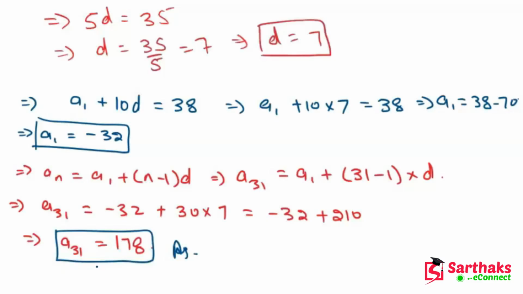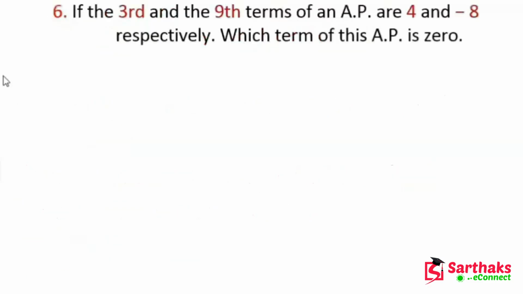I hope you understand these things, my dear friend. So now let's move on. Question number 6: if the third and ninth term of an AP are 4 and minus 8 respectively, which term of the AP is 0? Here we have a3 equal to 4 and a9 equal to minus 8.